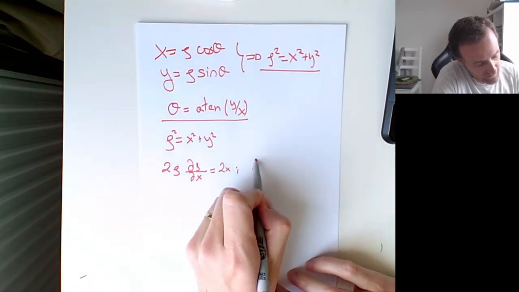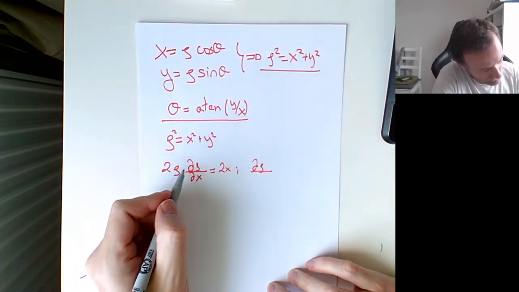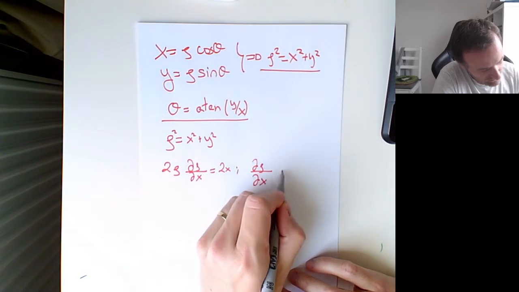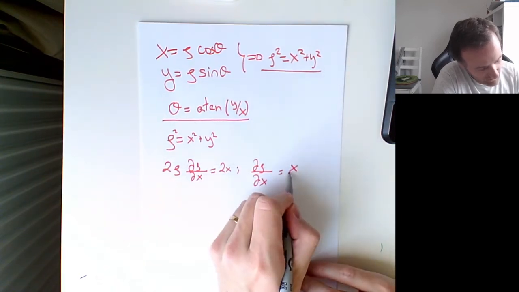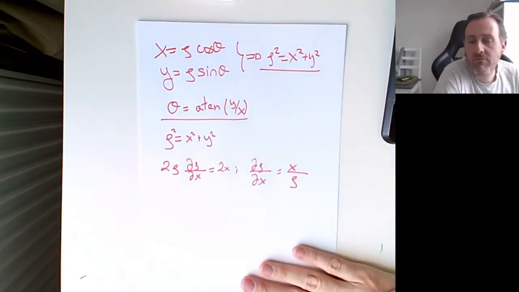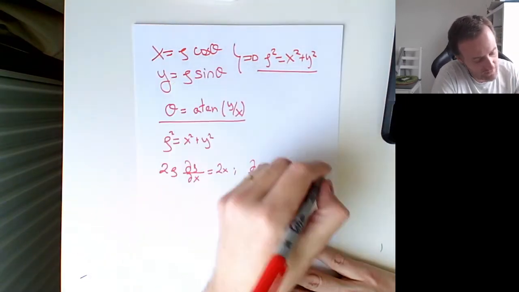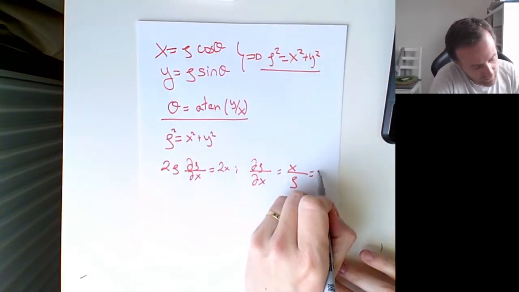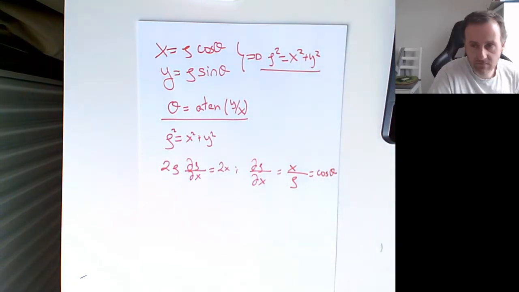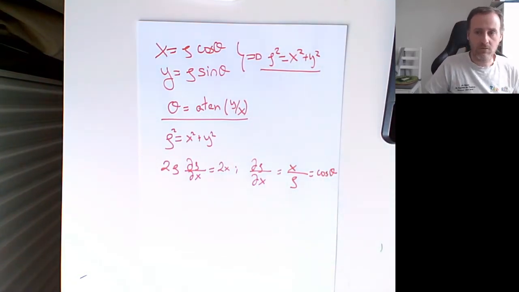So this tells us that the partial derivative of rho with respect to x is x divided by rho. But x is equal to rho cosine of theta. So in fact this is cosine theta. Good.